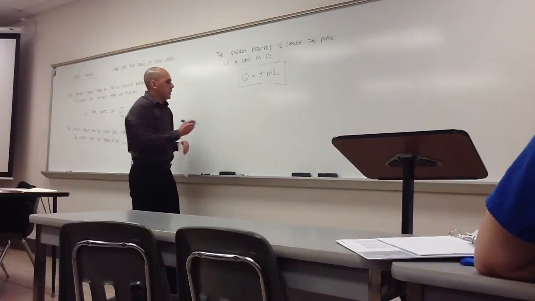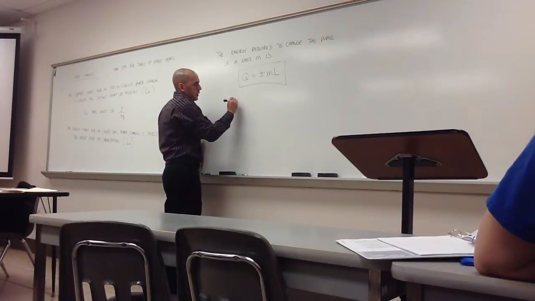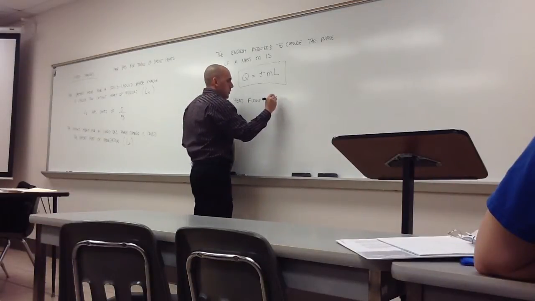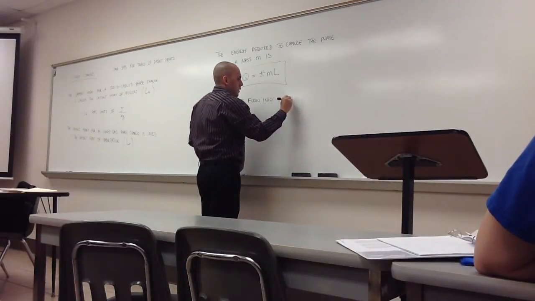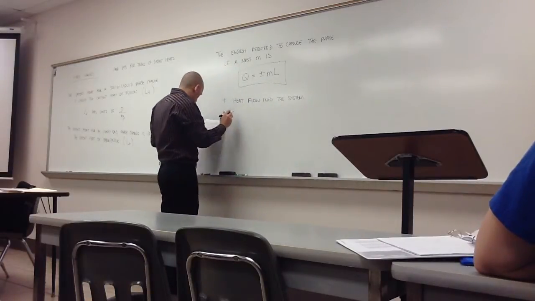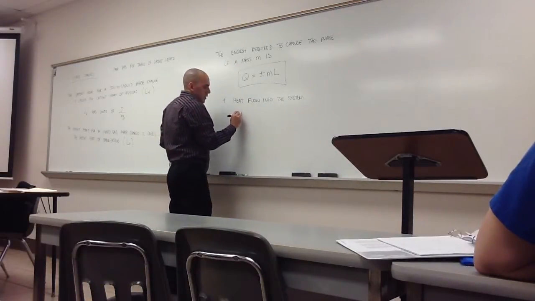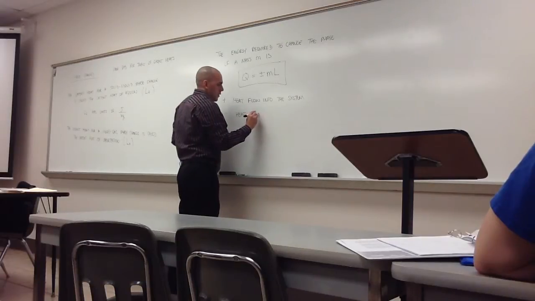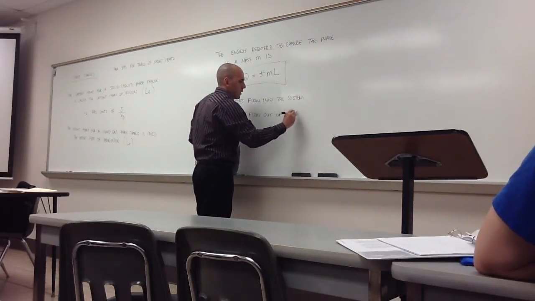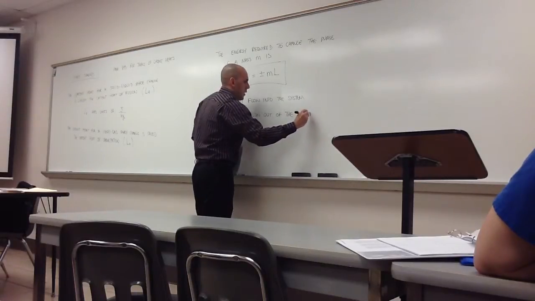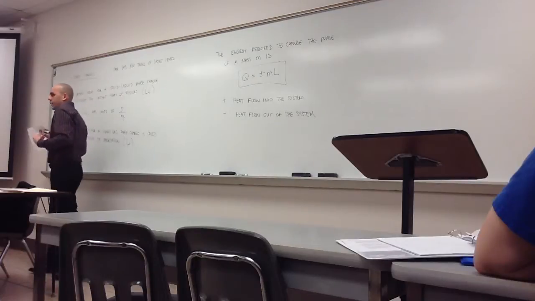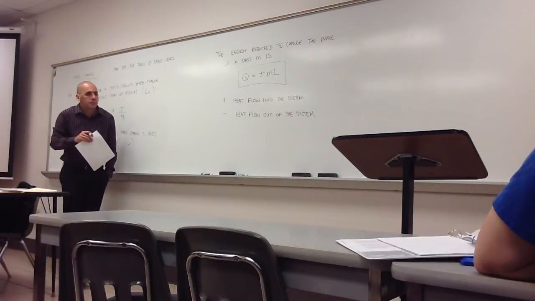The plus or minus is for heat flow into the system, or minus for heat flow out of the system. The same plus or minus sign convention that we used back with the other Q. Positive if you're adding heat, negative if you are removing heat.